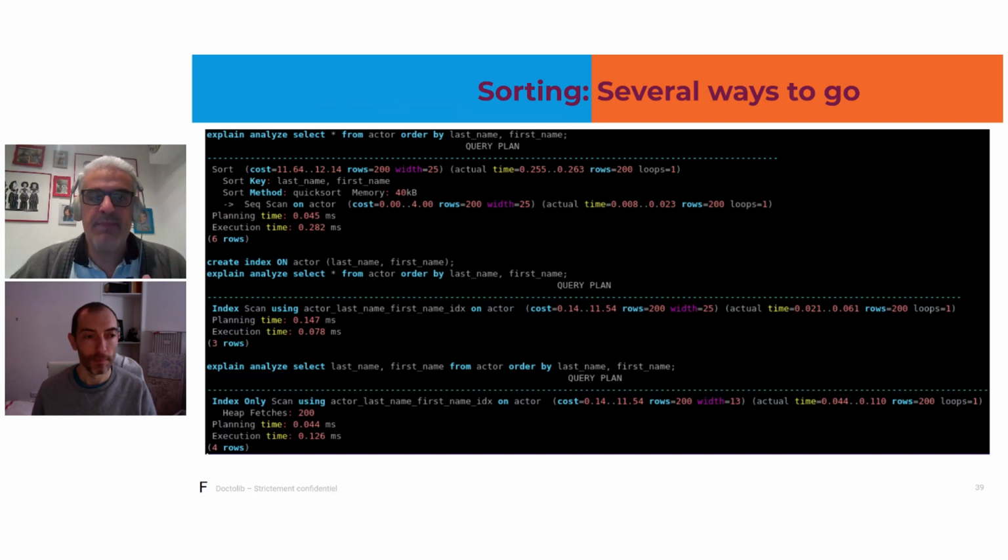So Postgres is capable of doing what we call an index-only scan. All the data is present in the index, and I don't need to find and match corresponding rows in the table file. So this is a little bit faster than taking the rows from the index plus the table.